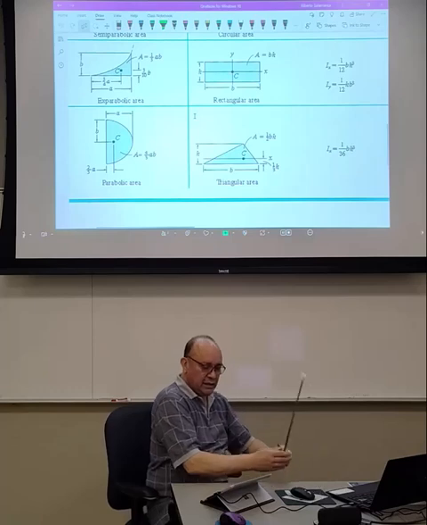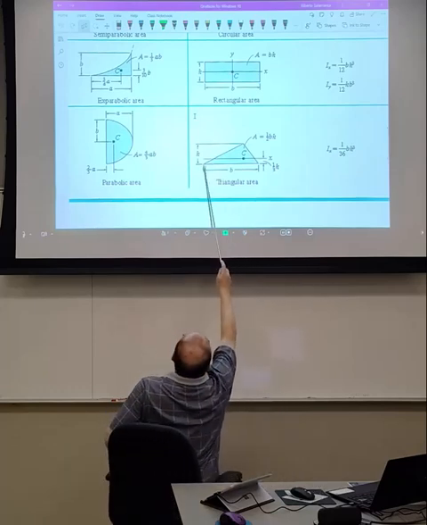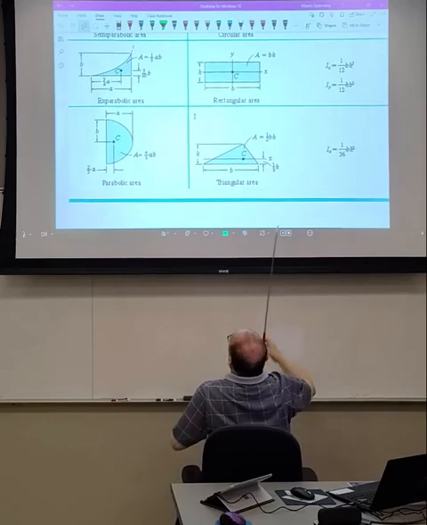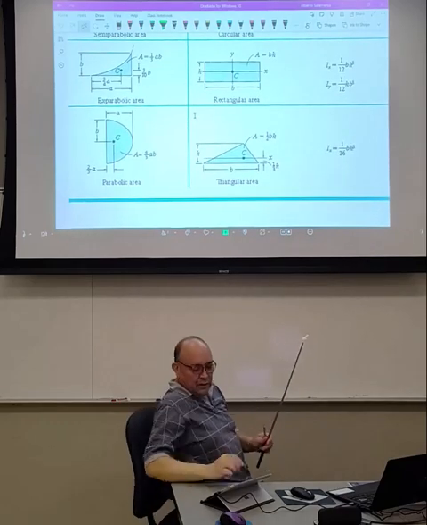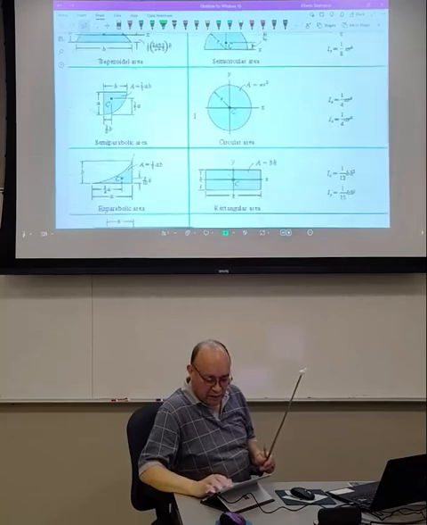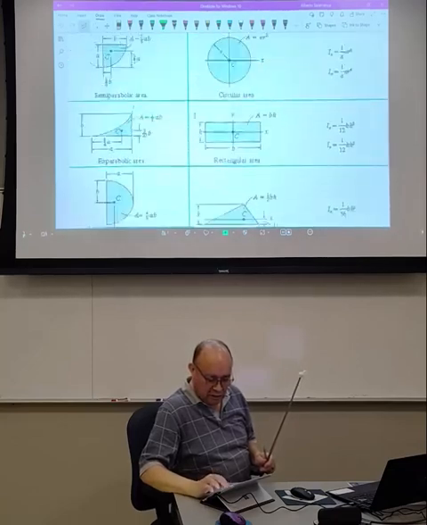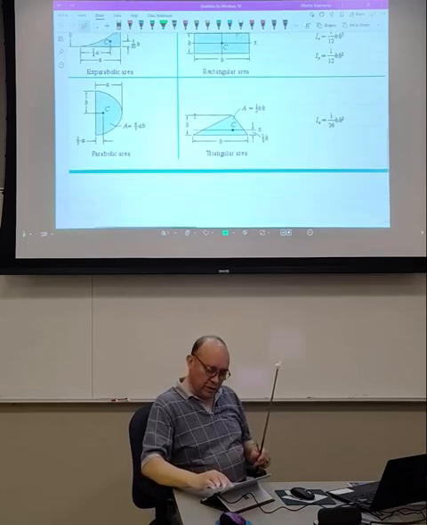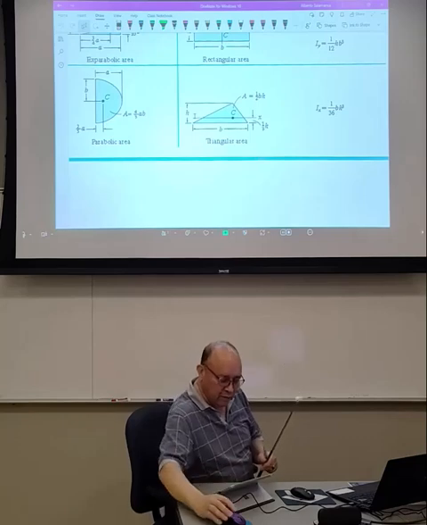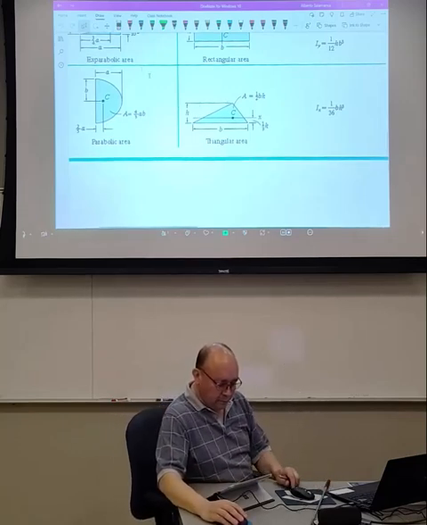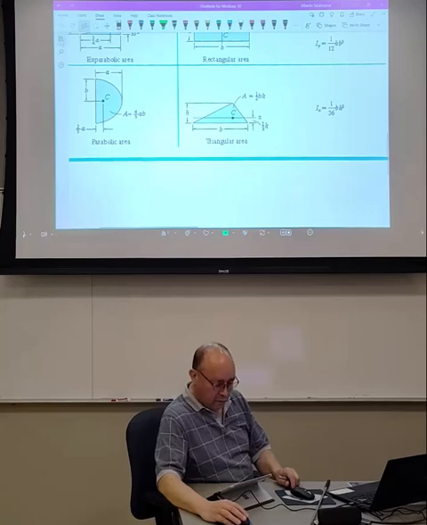Look here, it has a centroidal of a triangle, 1 over 36. You can find different tables of this on the web or in any book.